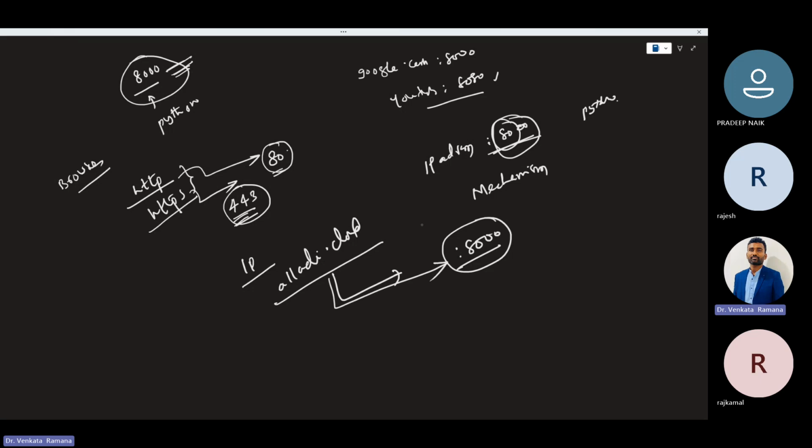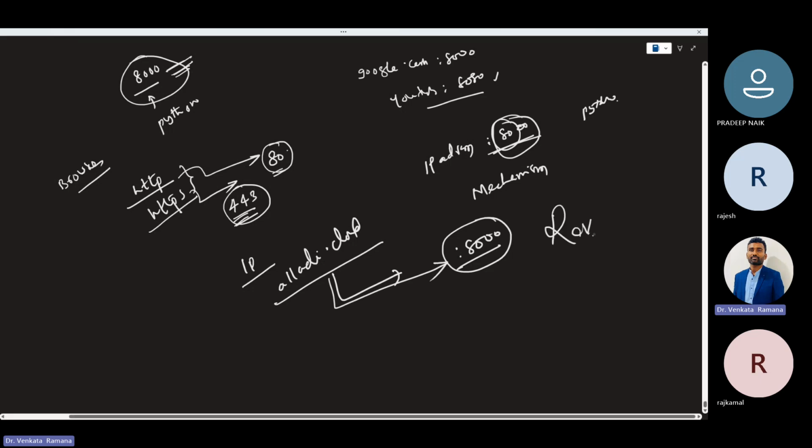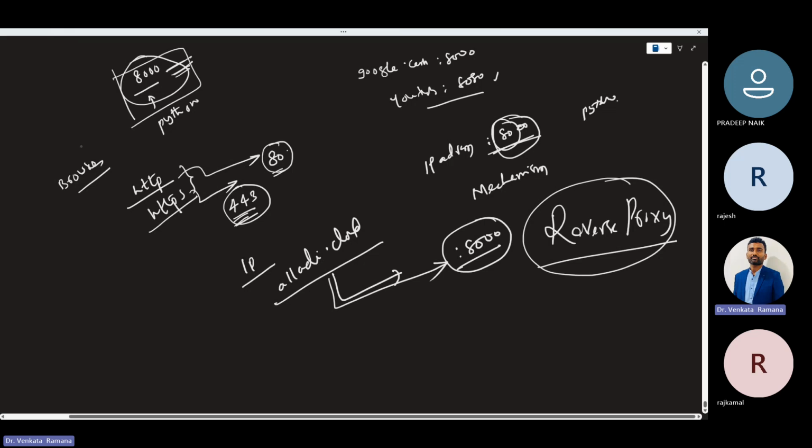So something needs to happen. That process is called the reverse proxy mechanism. You need a proxy server, called a reverse proxy, to access custom port applications without mentioning the port number in the web browser.